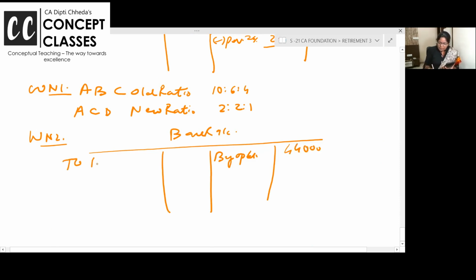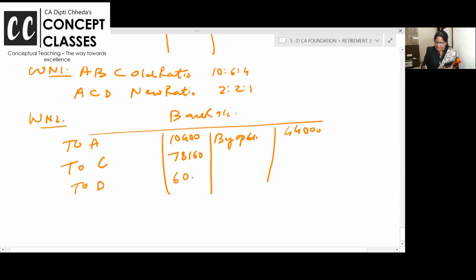Now all the three partners are getting money. A is getting 10,400. B नहीं लेके आ रहा है, सॉरी, B तो जा रहा है. C is getting 78,160. D is getting 60.